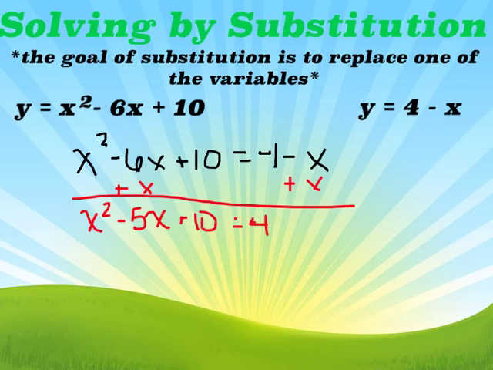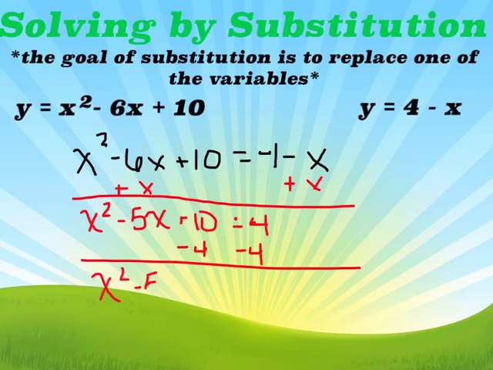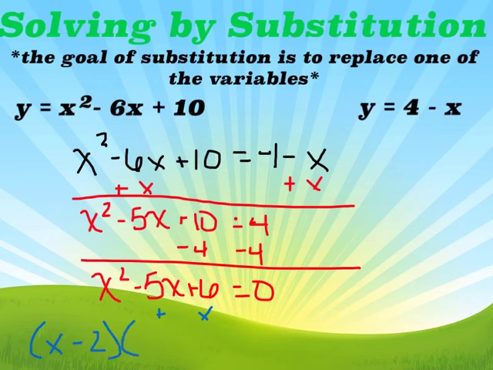I will subtract 4 from both sides, and we get x squared minus 5x plus 6 equals 0. Is this factorable? Can I come up with two numbers that multiply to positive 6 and add to negative 5? Of course. We have x minus 2 and x minus 3.